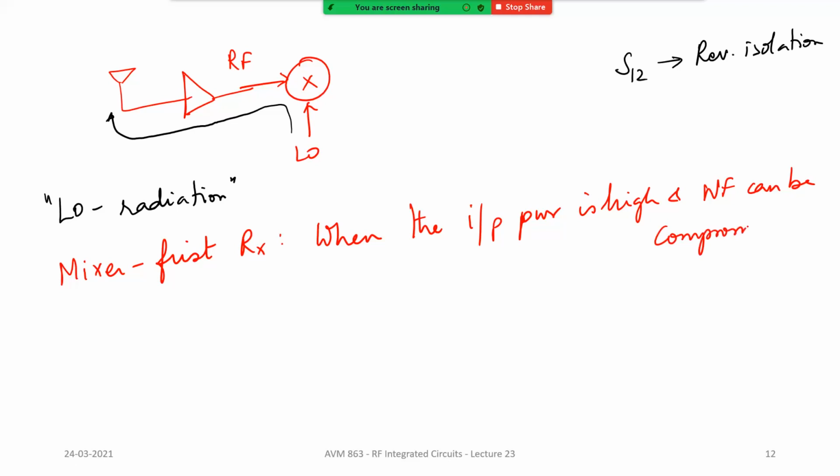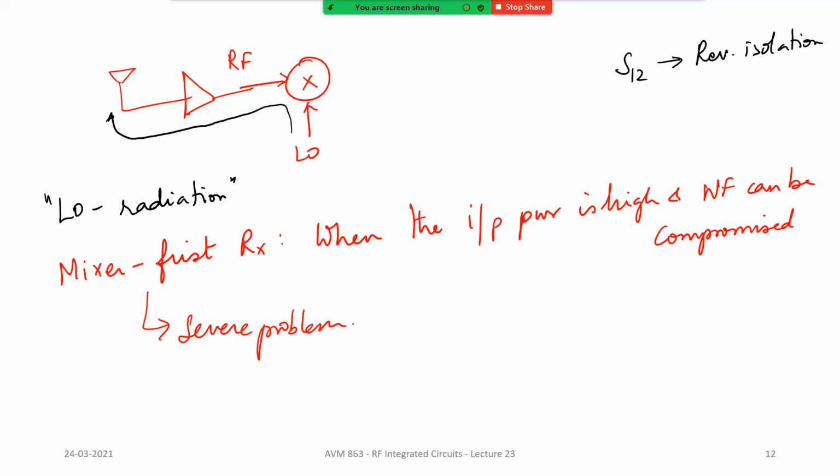In such scenarios, you have a mixer first architecture, where you get rid of the LNA. You have only the mixer as your first stage. That has been published quite widely in the literature as well. And in these cases, it is a severe problem, that is, the LO can radiate through the antenna. So that is called LO radiation.